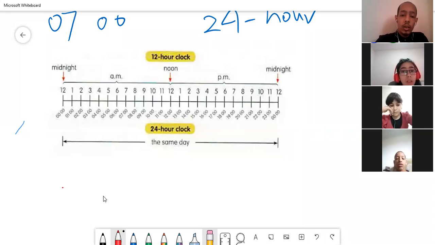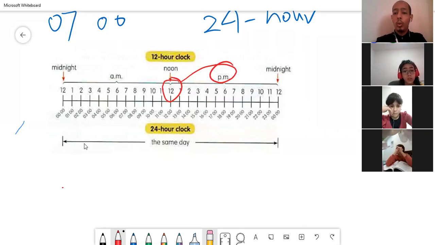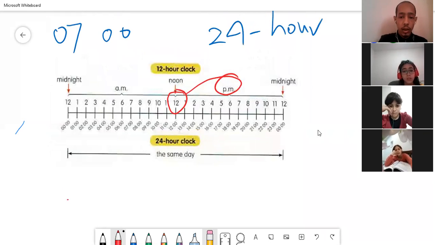So when it is 12 noon, we say it is 12 what? 12 p.m. But if it is 12 in the midnight, we say it is 12 what? It is 12 a.m. Midnight. Yeah, you got the difference now between the a.m. and the p.m. Did you get the difference?